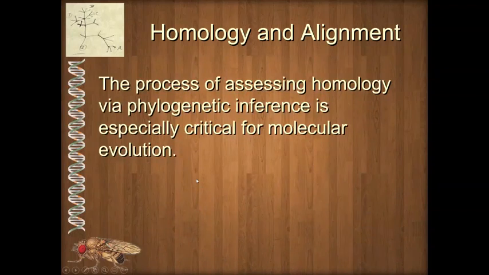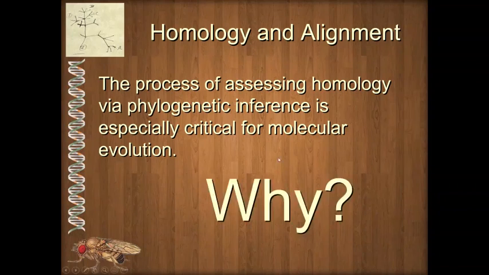Now, the process of assessing this homology is especially critical for molecular evolution. And the reason is because we have a somewhat simpler character than we do with morphology. With morphology, we've got all of this complexity in many different shapes and sizes and location, and we can look at the fine histology or cellular level of things.